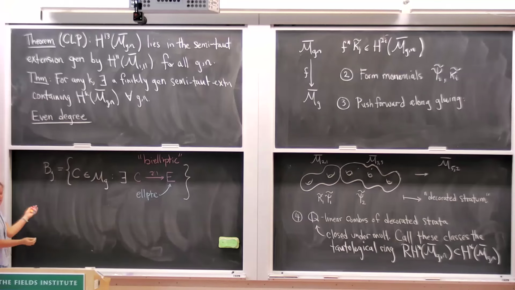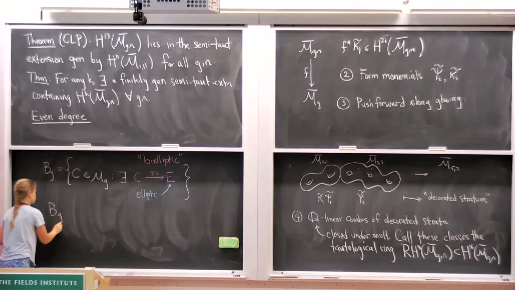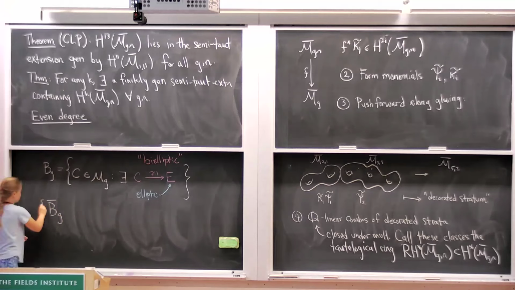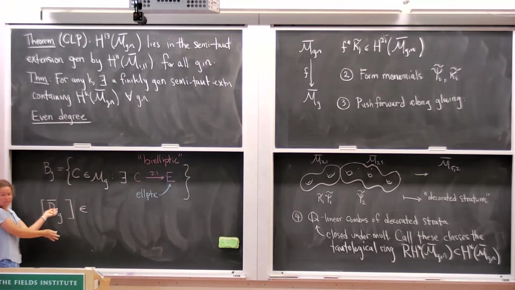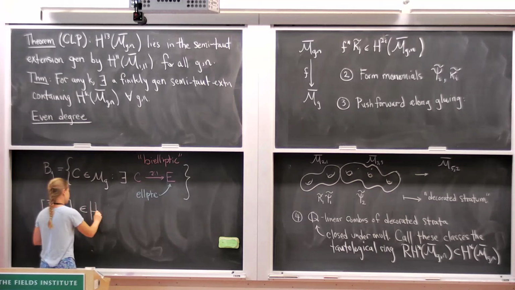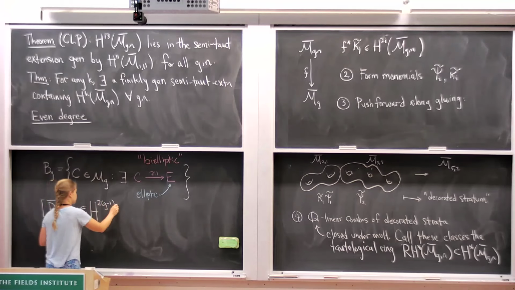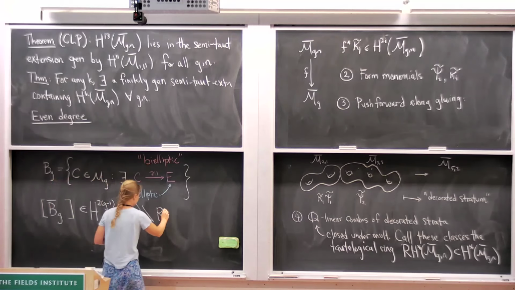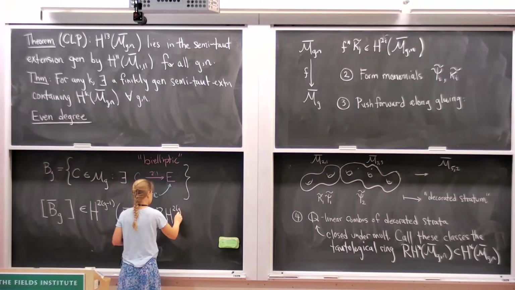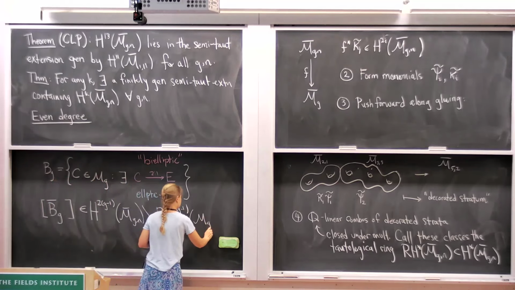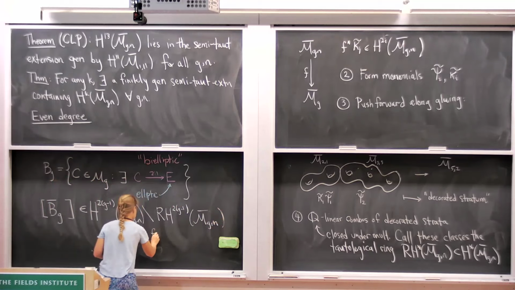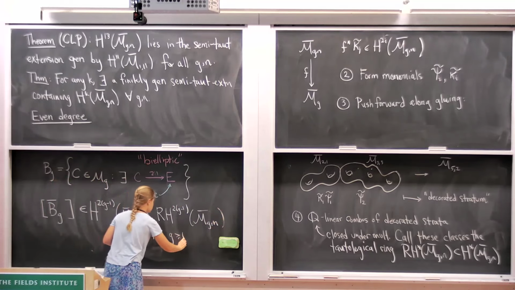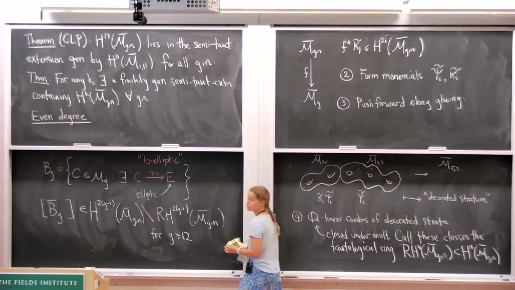And if I take the closure of this locus in M_g bar and I take its fundamental class, I get this awesome cohomology class that lives in even degree but is not tautological, as soon as g is greater than or equal to 12.